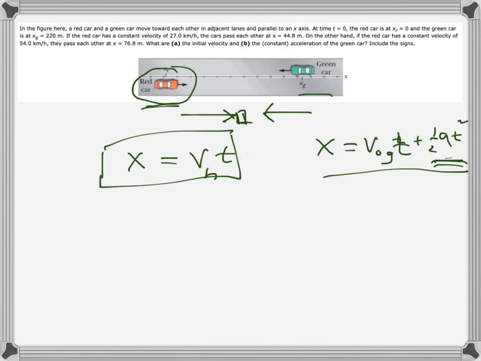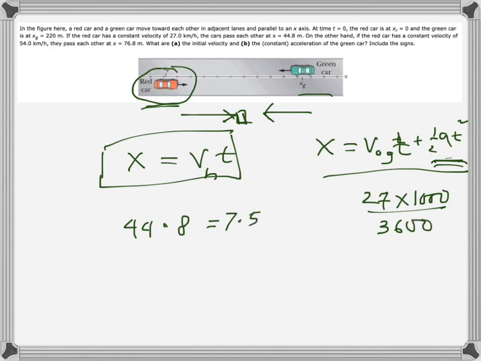So for the first case, that will be 44.8, and here velocity I will convert into meters per second, so that will be 27 times 1000 meters over 3600 seconds, 60 times 60, and that gives me 7.5 times t, which is what we want to find. So the t you get is 5.98. This is the t that I got. So after that much time they met.